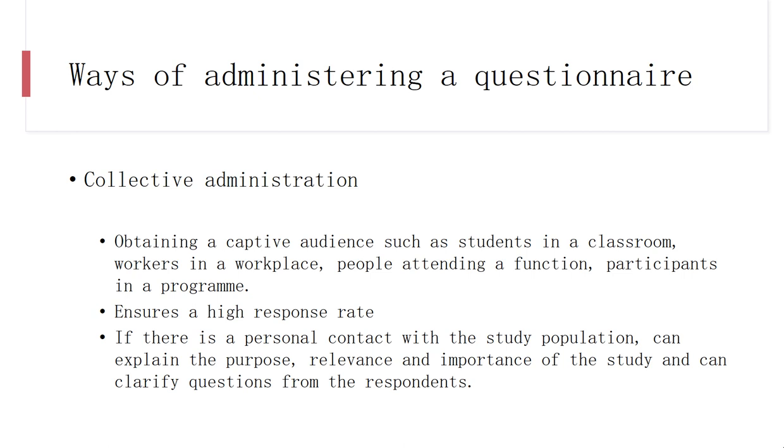Basically you go to a place where you can find your respondents in large numbers. For instance, take the example of a wedding function. The caterers want to identify how the people react to the food they have prepared.